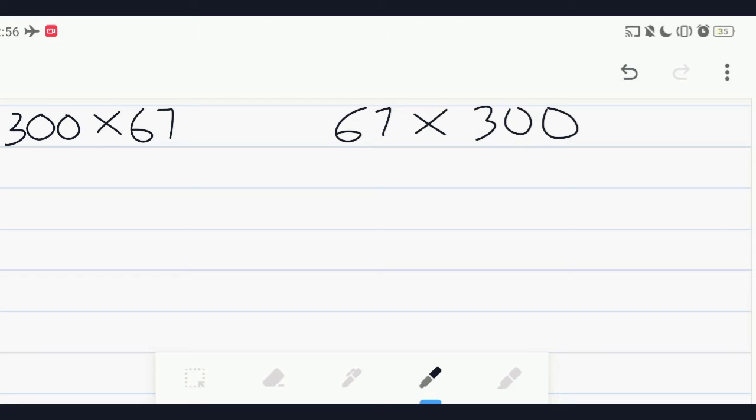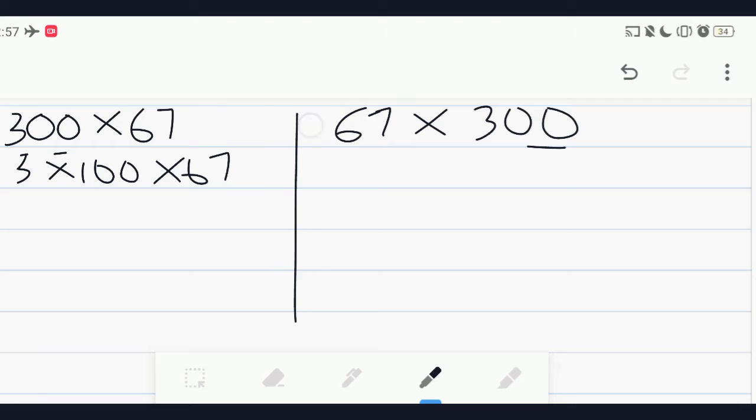For the multiplication problem, actually you can find two possibilities like this, where the multiple is put in front or at the back. It doesn't matter, okay? Because in multiplication, both of them will be the same. You just have to know which one is the multiple and then you separate it. Like usual, it becomes 3 times 100 times 67, while this one will be 67 times 3 times 100.